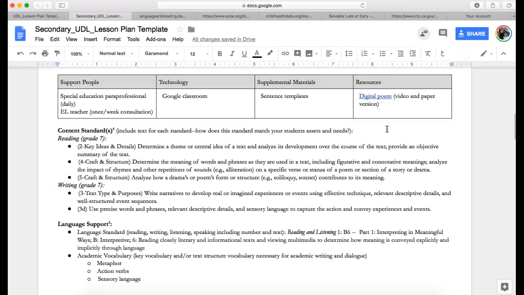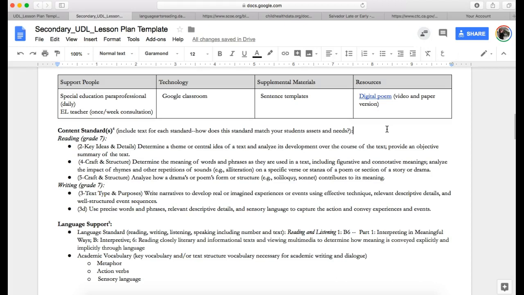We're going to be taking a look at how to determine words and phrases as they are used in text, and specifically engaging with figurative meanings, especially because this is poetry, taking a look at rhyme, rhythm, repetition of sounds, and the use of metaphor. And then the last reading standard we're going to look at is analyzing how a poem's form or structure contributes to its meaning.